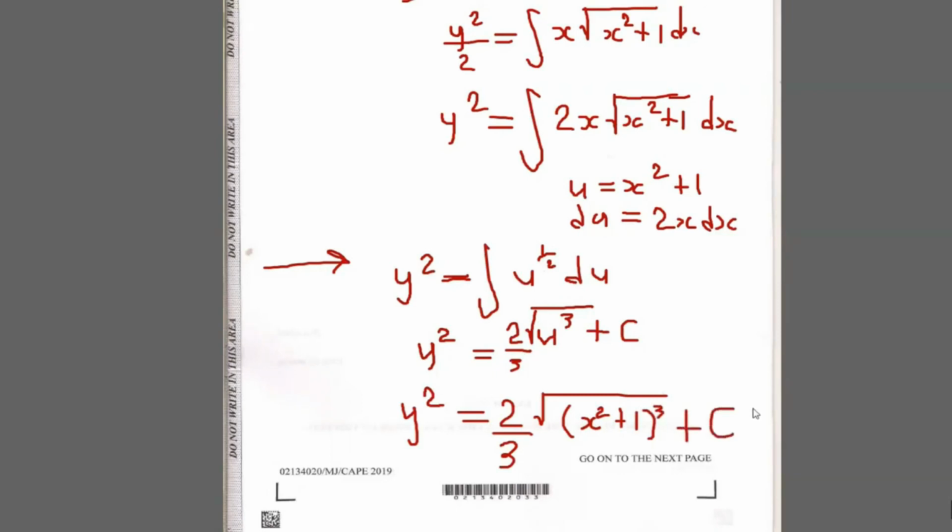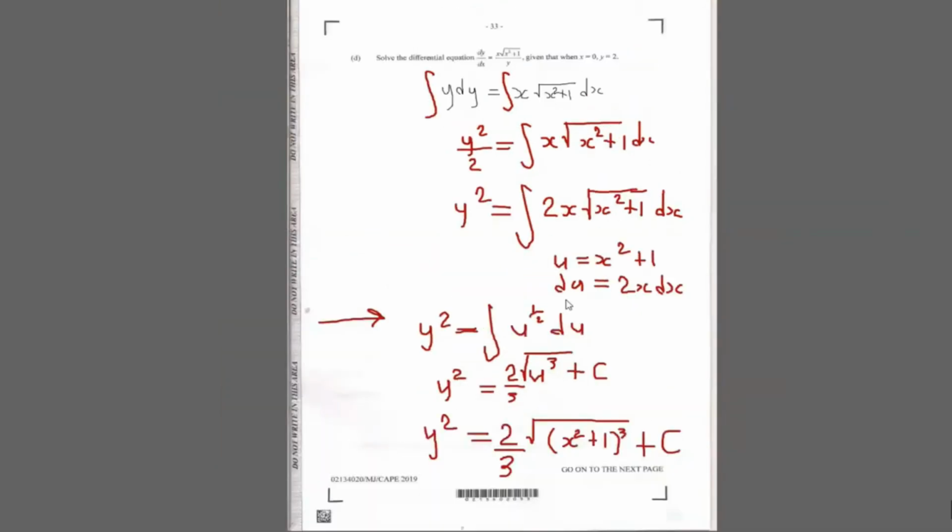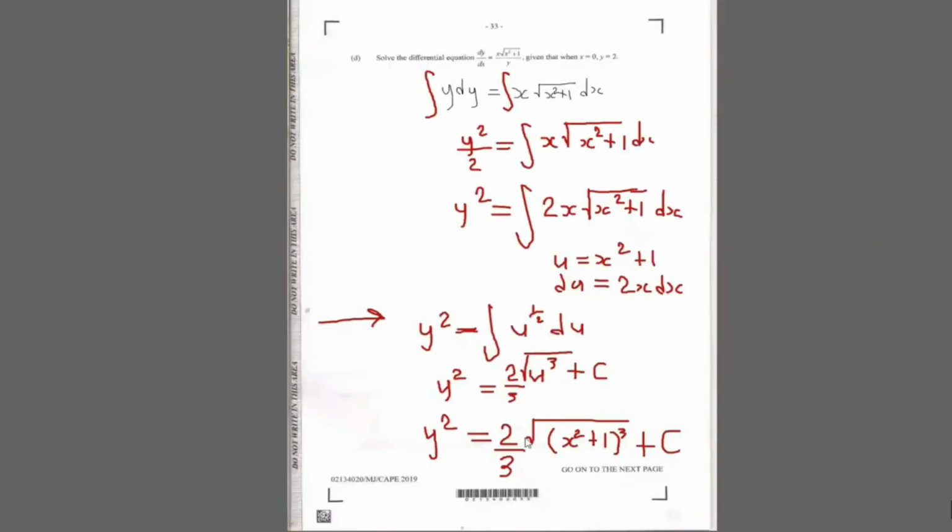Now it said solve this differential equation, so that means we need to find this constant. They gave us when x is 0, y is 2. So when y is 2, 2 squared is 4. So 4 is equal to 2 over 3 times the square root of (0 plus 1) cubed, plus c.